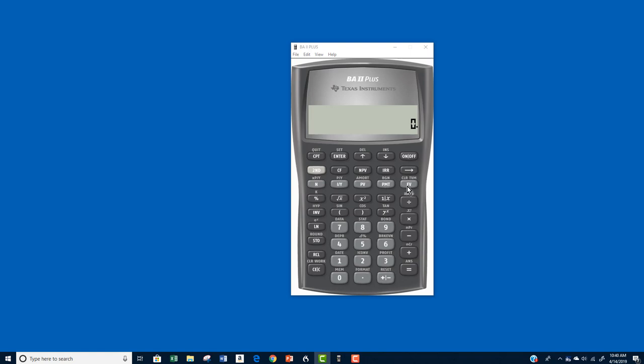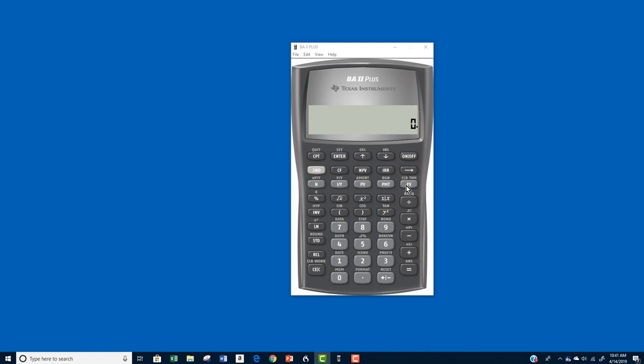The 5 keys for financial calculations include N for the number of periods, IY for the interest, PV for what's known as present value, PMT for payments, and FV for future value.